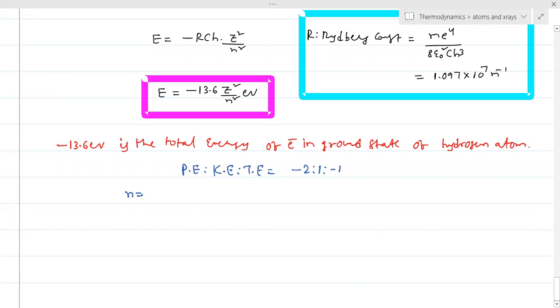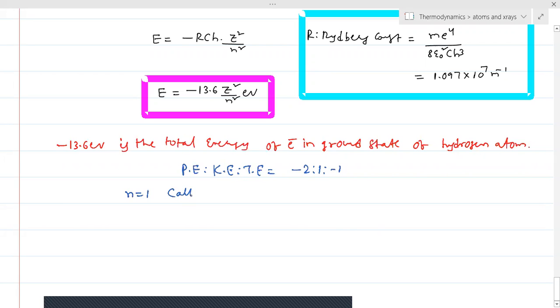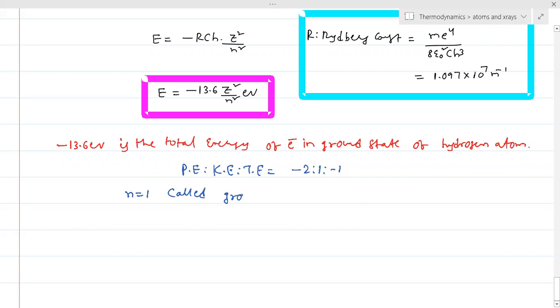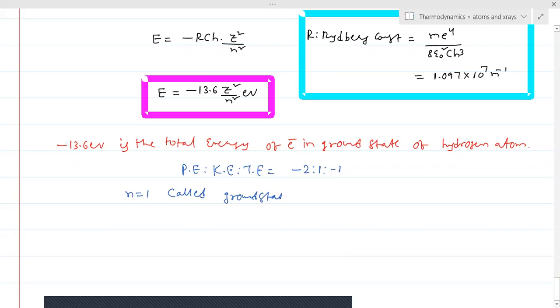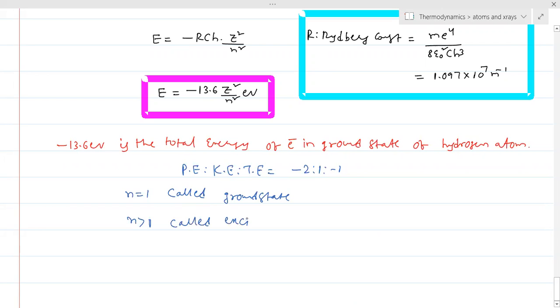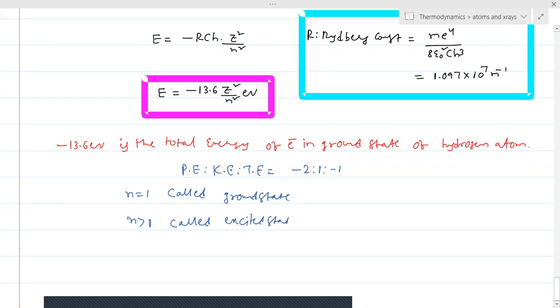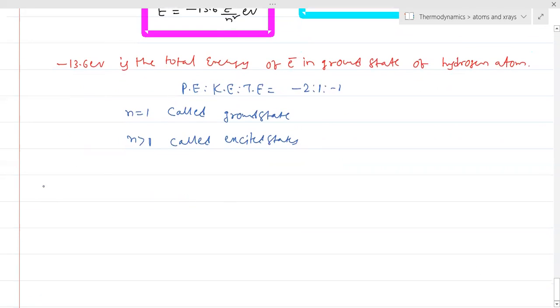Generally here n equivalent to 1 is called the ground state, and n greater than 1 are called excited states. Here the theories are very important.